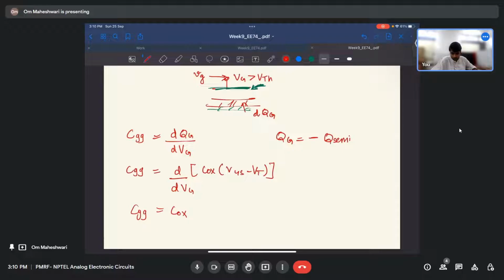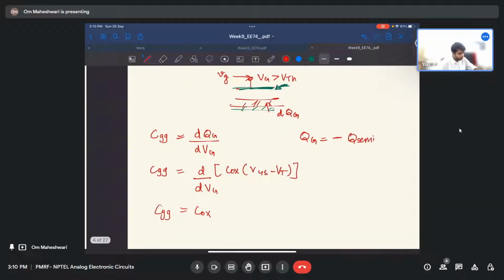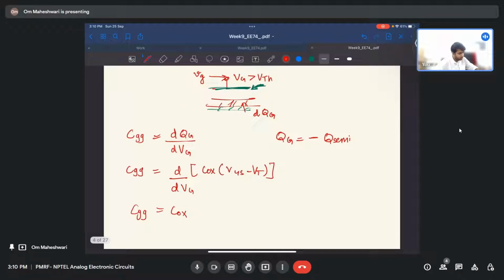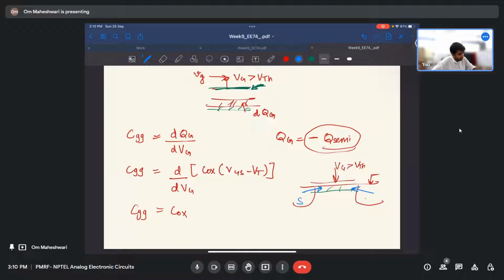Okay. So from where does this QG or Q semiconductor that we have assumed come from? In the MOS device, let's say the drain voltage is not applied yet, but only VG greater than VTH we have applied. The inversion layer is formed due to the electrons injected from the source and from the drain, right?